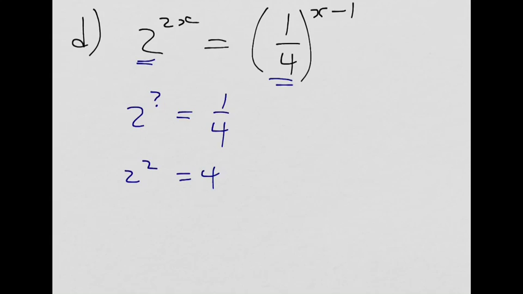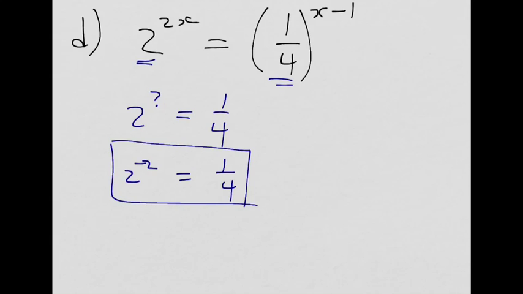But I want 1 over 4, so I want to flip it, right? So if I raised it to the negative 2, then that would flip it to 1 over 4. Does that make sense? So I can rewrite 1 over 4 as 2 to the negative 2.